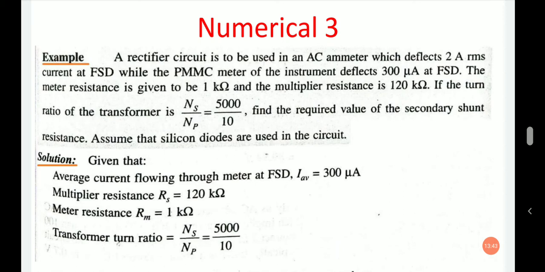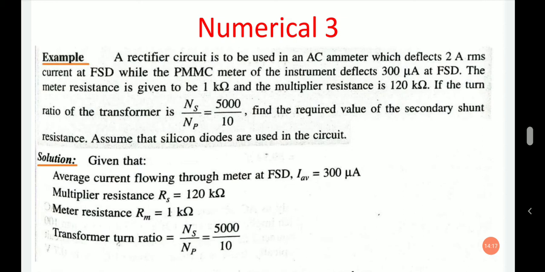A rectifier circuit is to be used in an AC ammeter which deflects 2 ampere RMS current at full scale deflection, while the PMMC meter of the instrument deflects 300 microampere at full scale deflection. FSD is full scale deflection. The meter resistance is given to be 1 kilo ohm and the multiplier resistance is 120 kilo ohm.